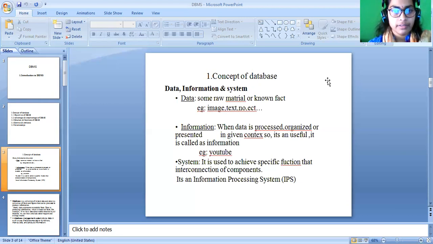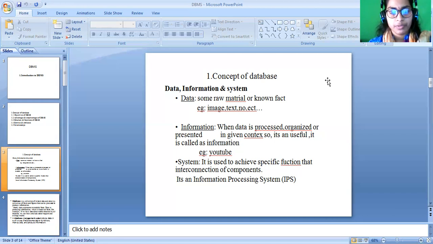In data, there are mainly two types. Traditional data. Traditional data means what? Text or a phone number or any number is mainly traditional data. Images, speech, audio files and video files are all related to multimedia data.